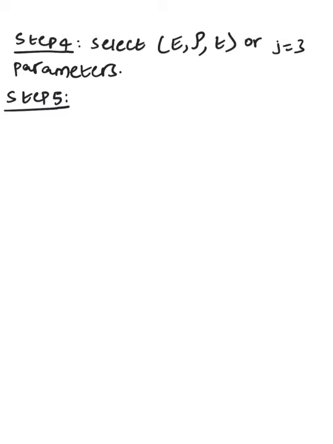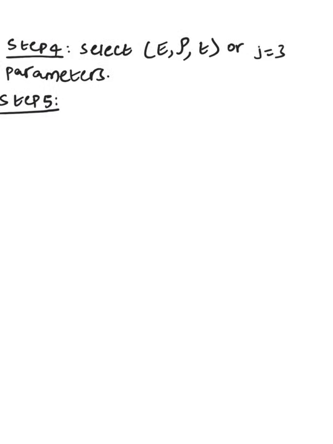Basically, step 5 is to calculate the value of k described in the Pi theorem, where k is less than or equal to n minus j.